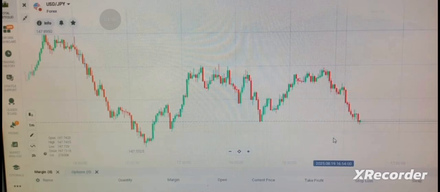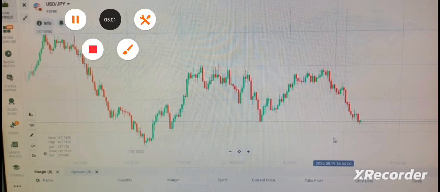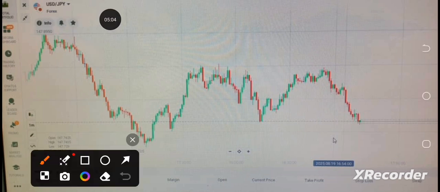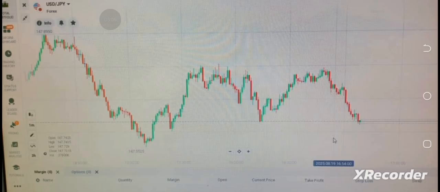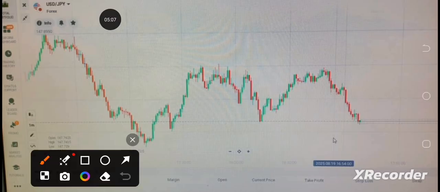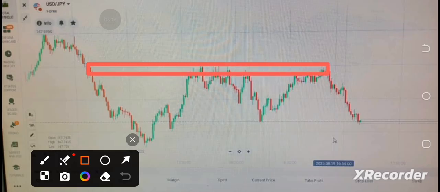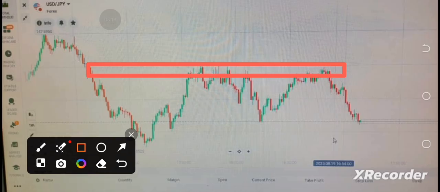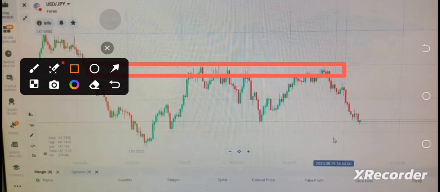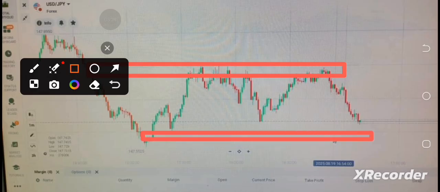So in this situation here, here is our demand zone. Here is our supply zone rather. The entire of this area is the zone of supply, while the entire of this area is the demand zone.